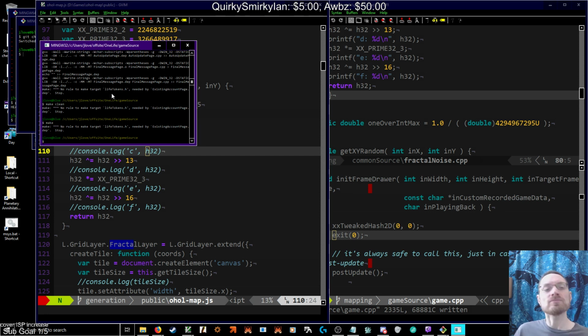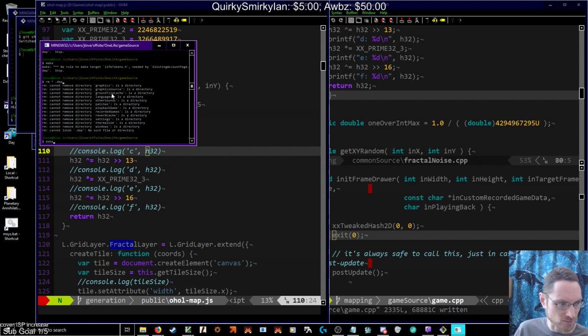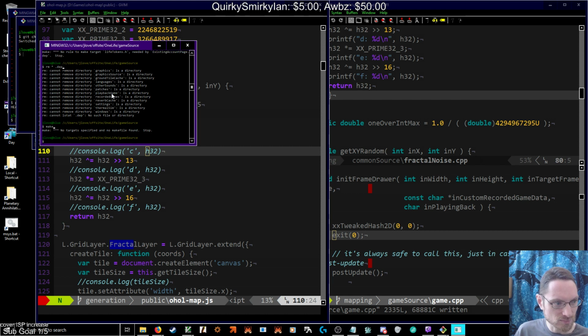I can't do make clean because it's stuck there. And that's the infamous space.